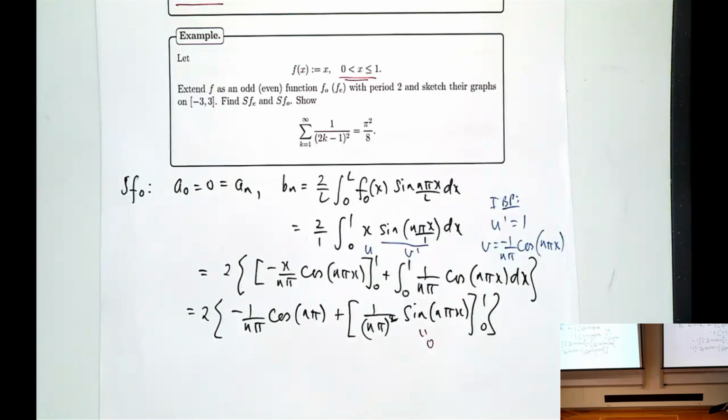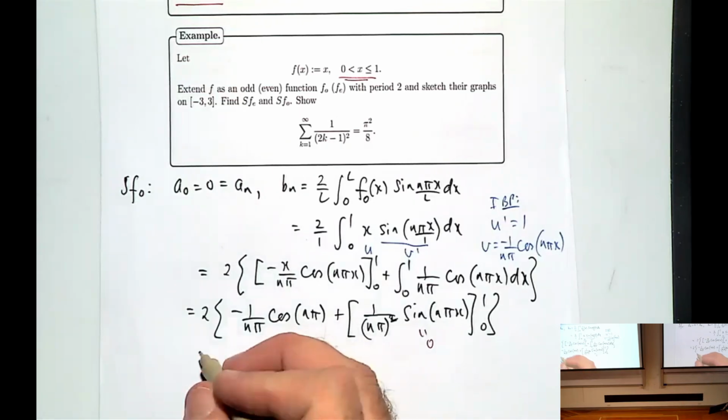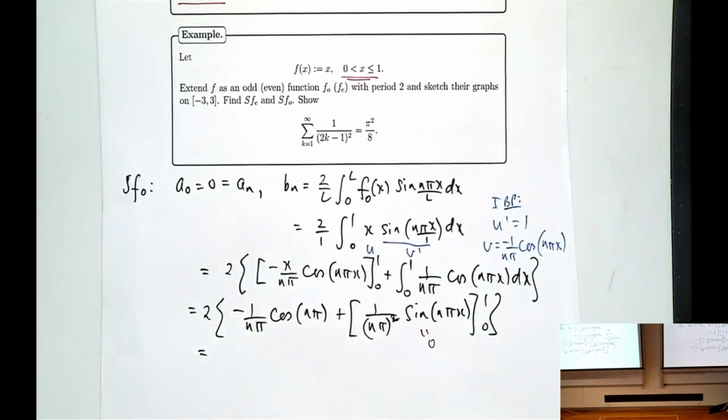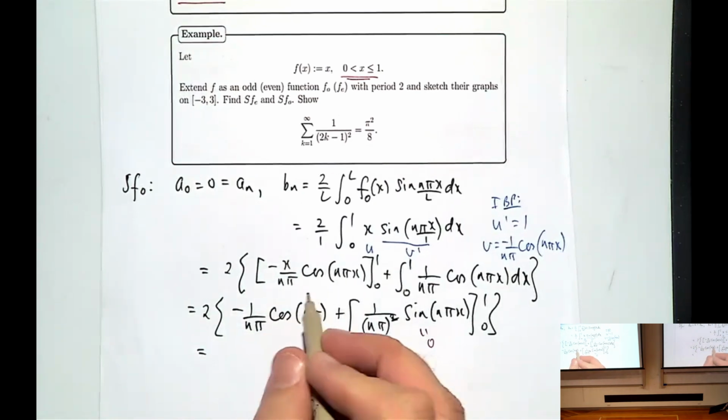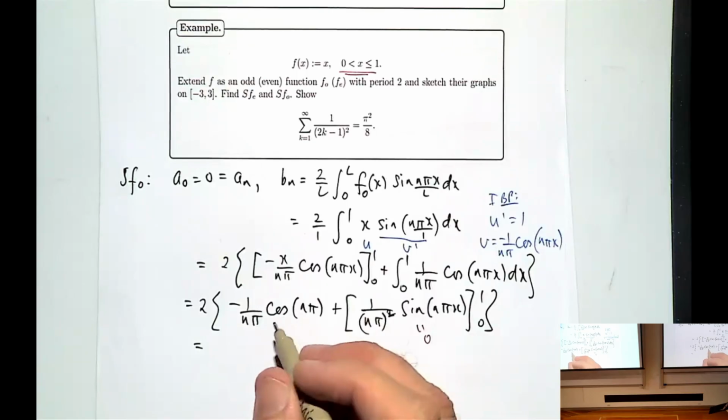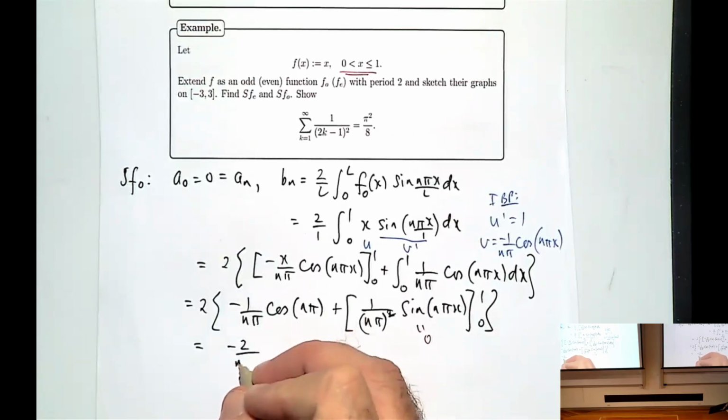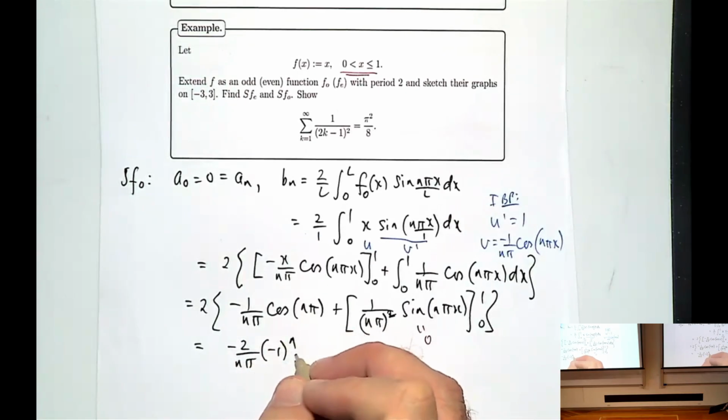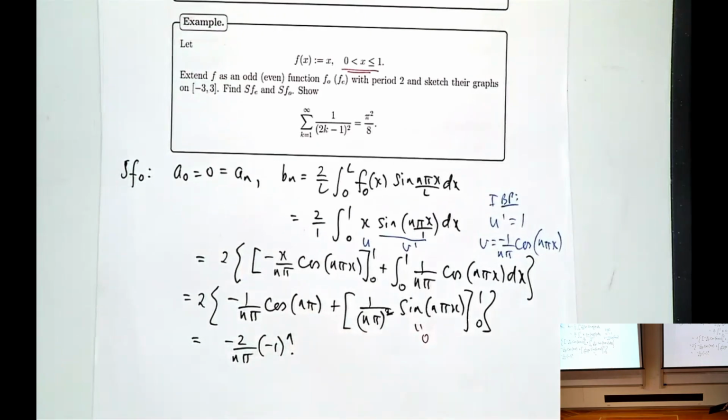Because sine pi is 0, sine 2 pi is 0, 3 pi is 0, because it oscillates, right? Okay? So that's good. All right, so this is negative 1 to the n. There. Okay, so I'll just leave it like that.